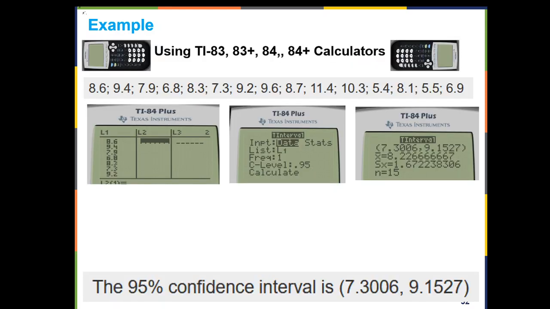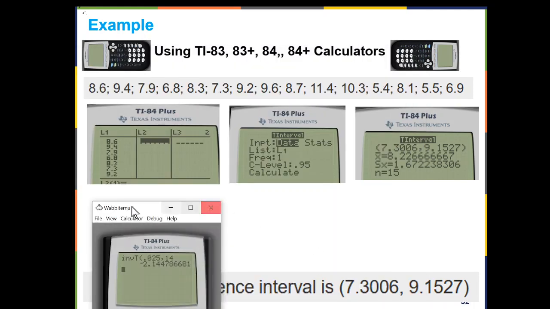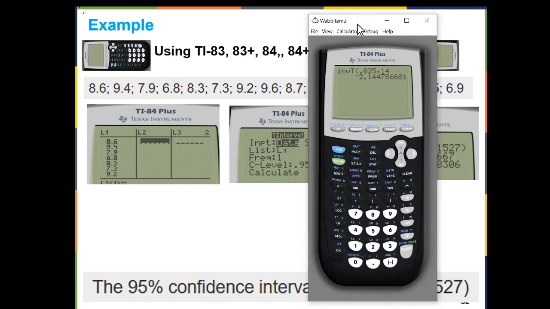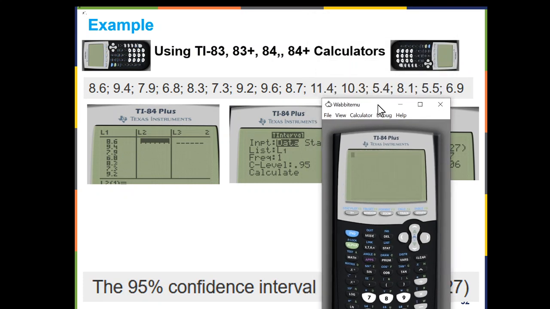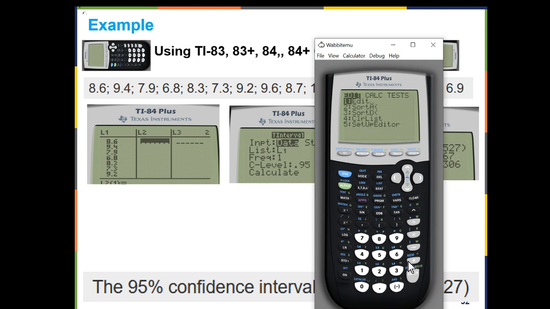Now we could do this directly with the calculator. So the way we do it, just like with z interval, you have to have the numbers in L1. I don't have them in L1 in my calculator right now, but I'm going to show you how to get there. So you put the numbers in L1 by going to Stat, Edit, and you put them in L1.